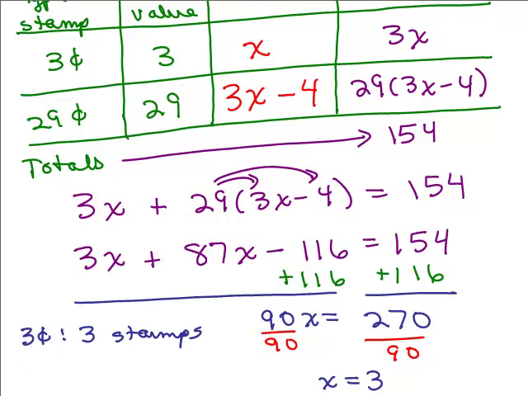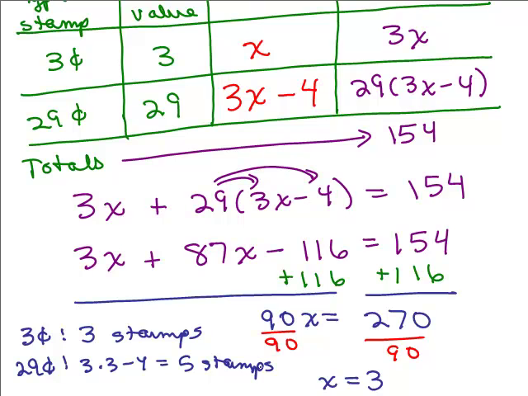And the 29-cent stamps are 3X minus 4. So if X is 3, I'm going to have 3 times 3 minus 4. So that's going to be 5 stamps. Remember, the question was how many 29-cent stamps.